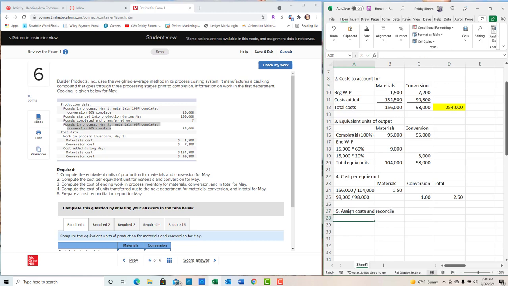So in terms of materials, in our ending work in process, we have 95,000 materials units and 95,000 conversion units.